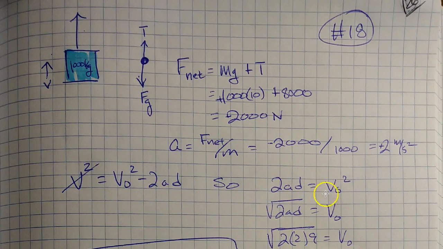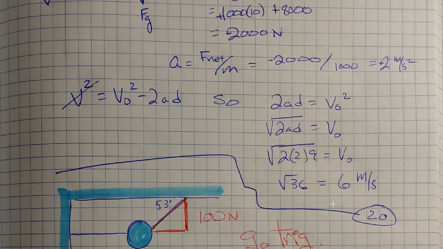So you end up with the velocity equal to the square root of 2 times a times d. If you do that, you get 9 times 4, which is 36. So the square root of 36 is 6 meters per second.